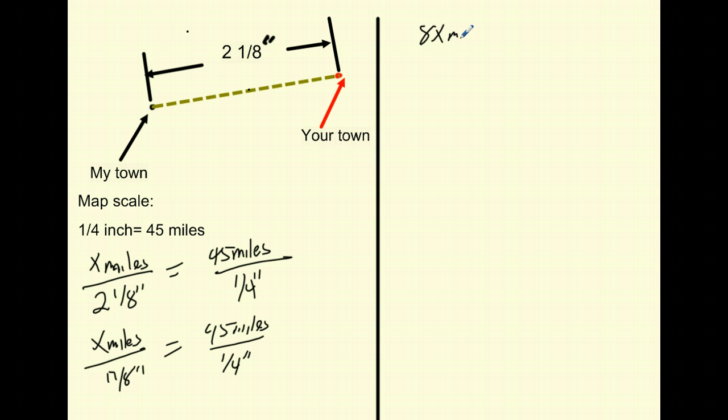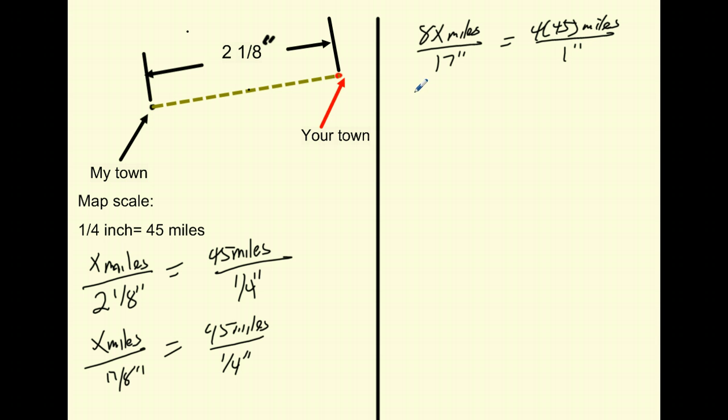And so I get 8x miles divided by 17 inches is equal to 4 times 45 miles divided by 1 inch. Okay, that's 1/4.